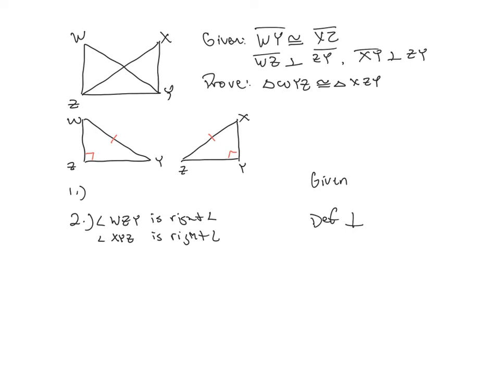But maybe you've noticed that, maybe you haven't, but ZY and ZY. I'm going to be able to say that those two are congruent. They're the same line, they're the same segment in both triangles. That's going to be a reflexive.